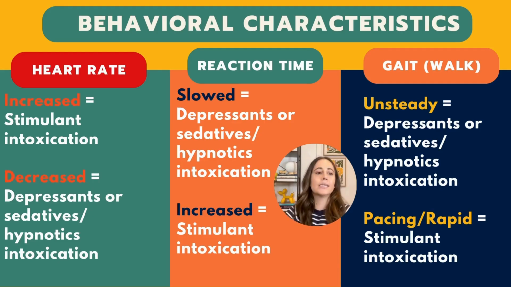Next, we're going into other behavioral characteristics. So heart rate: increased heart rate. If you hear any of that or see that in the vignette, again, increased, sped up, stimulant intoxication. Decreased heart rate, slowed movement, things like that, we know we're talking about maybe a depressive feature, so sedatives, hypnotics, maybe alcohol.